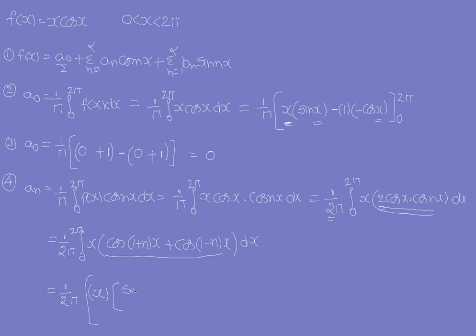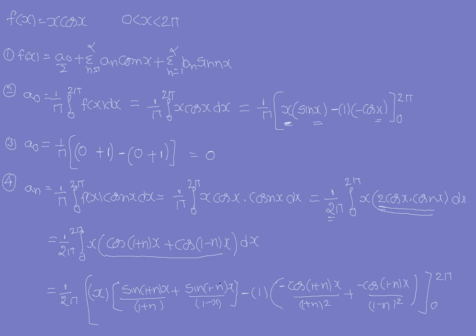Cos integration is sin of 1 plus n into x by 1 plus n, plus sin of 1 minus n into x by 1 minus n. Minus the differentiation of x, which is 1, into the integration of this again: sin integration is minus cos of 1 plus n into x by 1 plus n whole square, plus minus cos of 1 minus n into x by 1 minus n whole square, between the limits 0 to 2 pi.